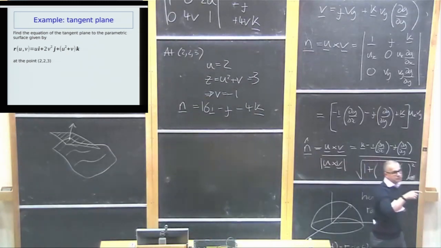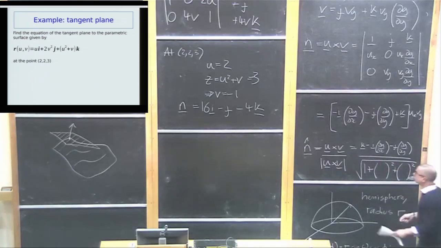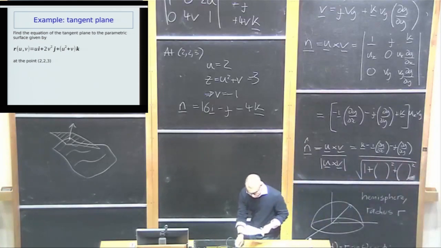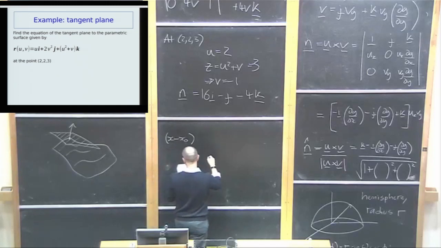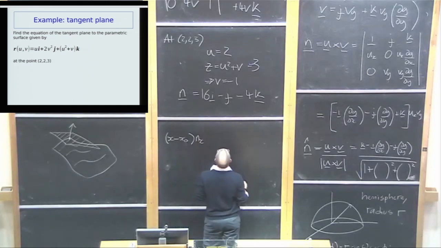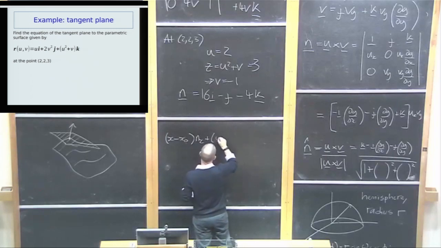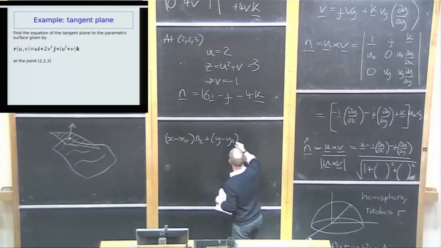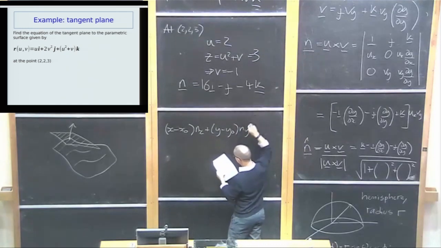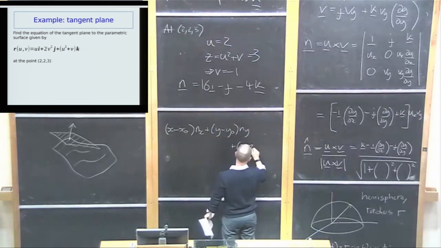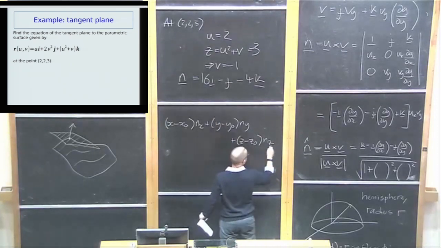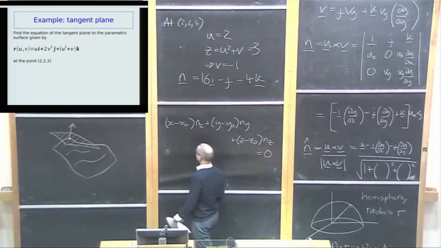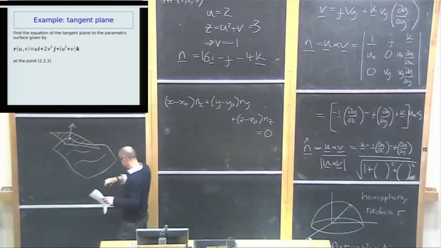So working out the tangent plane, we don't need a unit normal, we just need a normal to the surface at a given point. Our equation for the tangent plane is (x − x0) times the x component of our normal, plus (y − y0) times the y component of our normal, plus (z − z0) times the z component of our normal, equals 0, where (x0, y0, z0) is the point at which we're evaluating it.